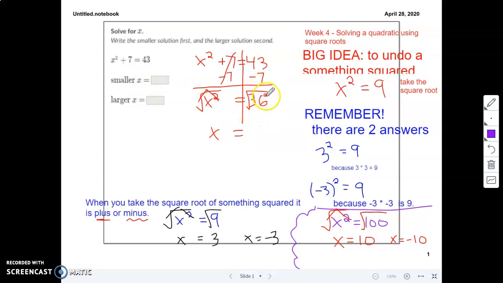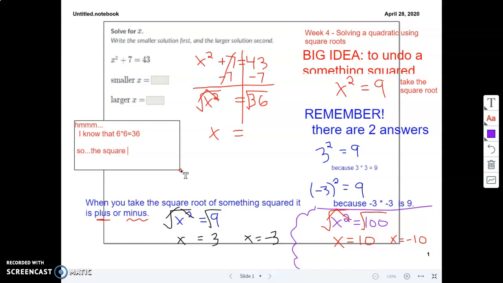So take the square root of 36, and you want to think, what do I know about 36? I know that 6 times 6 is equal to 36. So the square root of 36 is equal to 6.